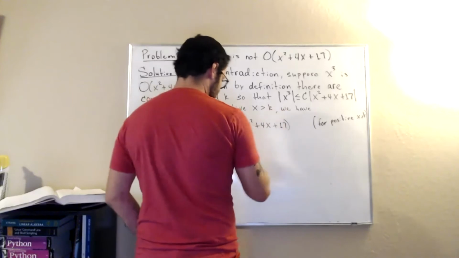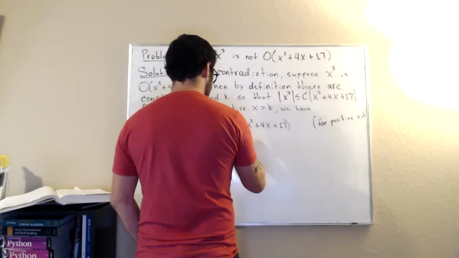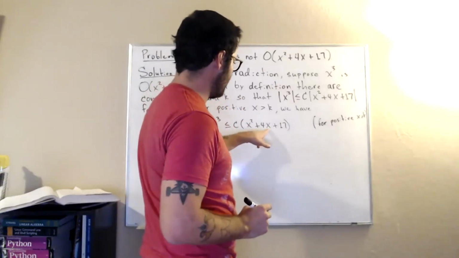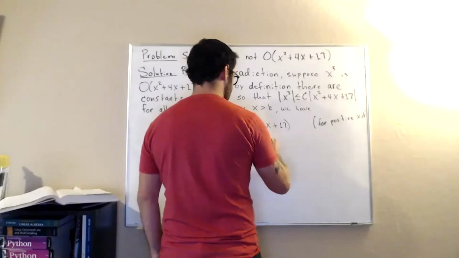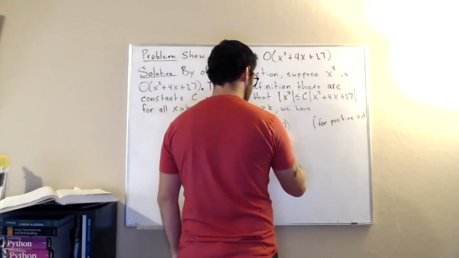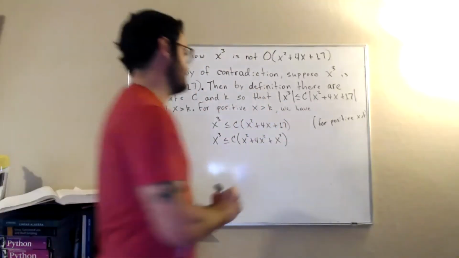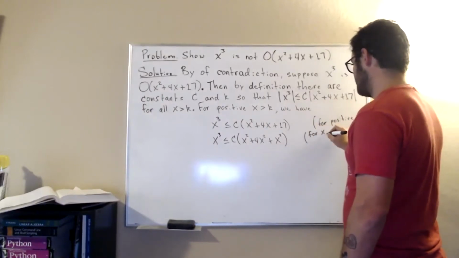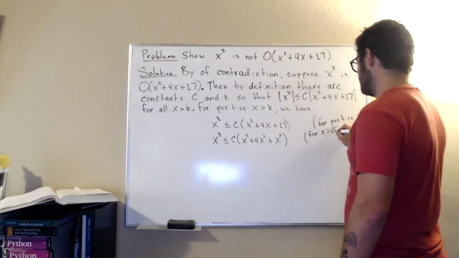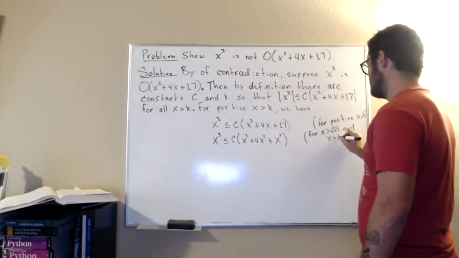But then we can replace that and that, and we'll just write it down, like that, for x greater than root 17 and x greater than k.